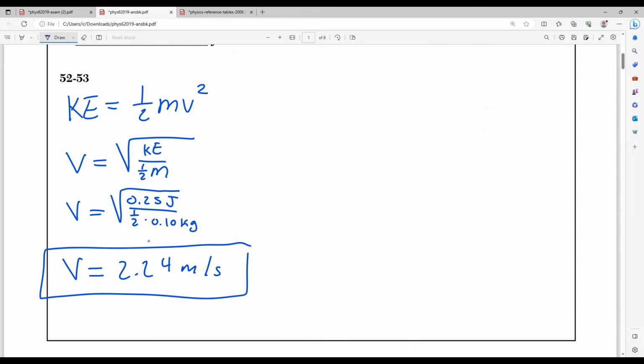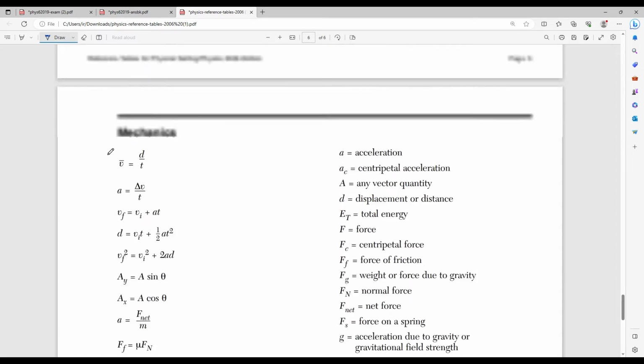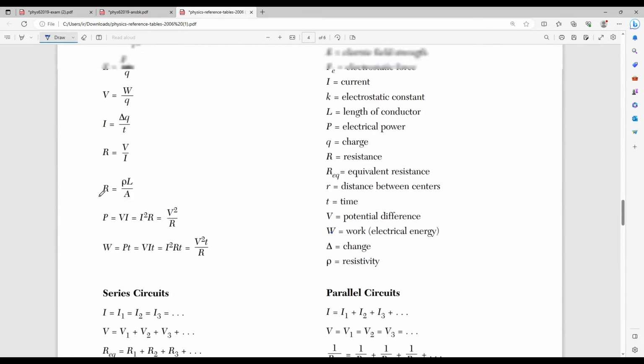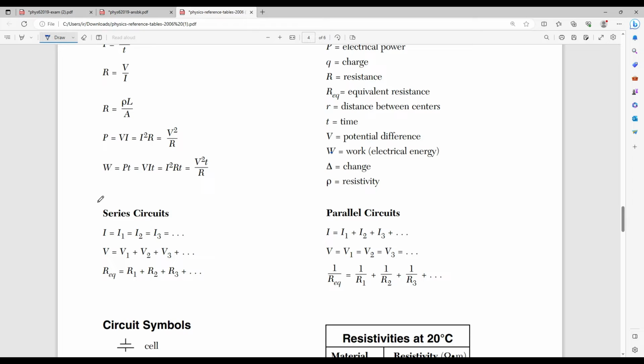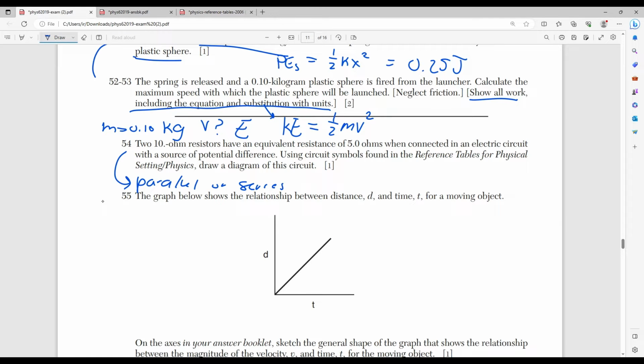Why? Because if I go up to where I have my electricity reference table, with series circuits, the equivalent resistance or the total resistance is equal to R1 plus R2. If I look at my problem, it's saying that two 10 ohm resistances have an equivalent resistance of 5 ohms.